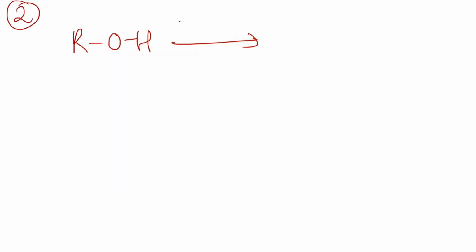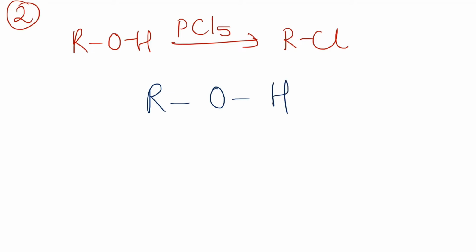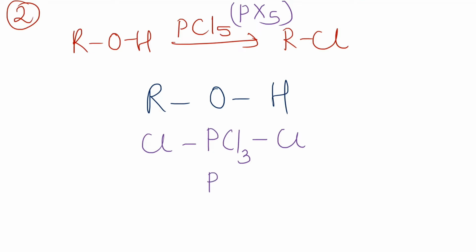Alcohol reacting with phosphorus pentachloride giving me alkyl chloride. ROH, I can write in this way. And how should I write this PCl5 now? See, PCl3, Cl, Cl. See here, PX5 also you can remember always. So here I can write PX3, X, X. Let us first show you for the specific PCl5.